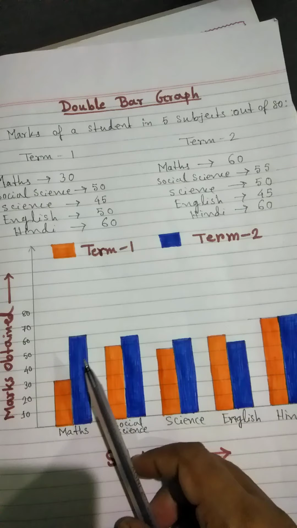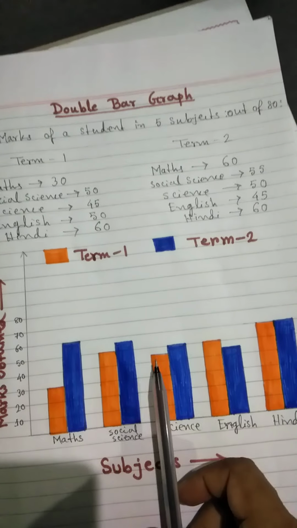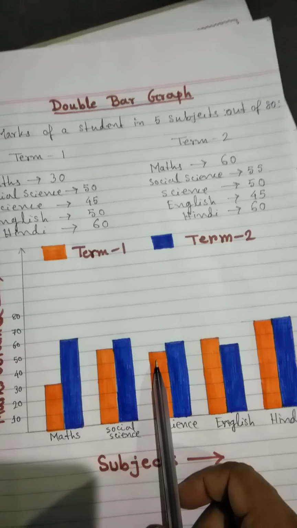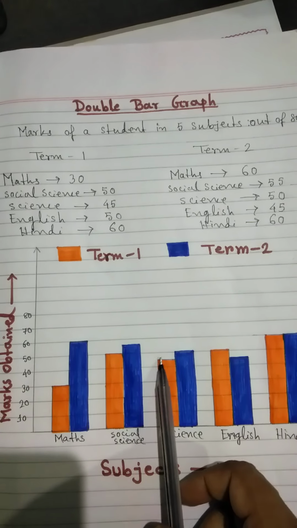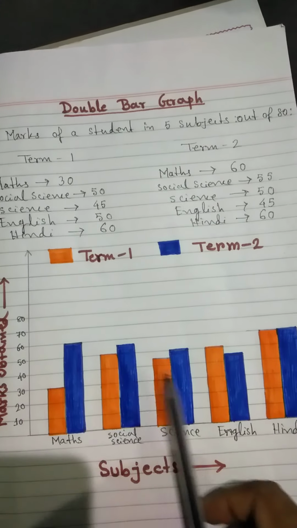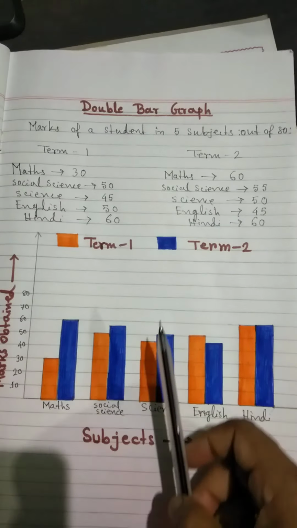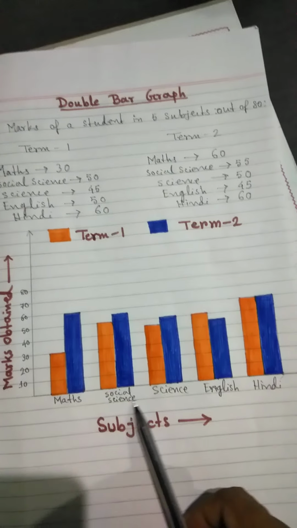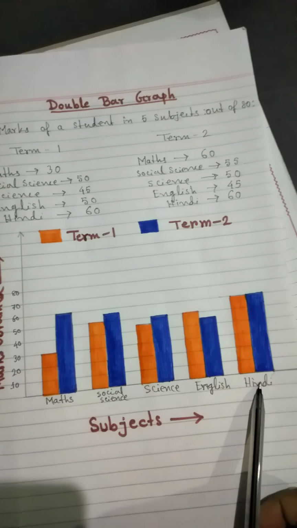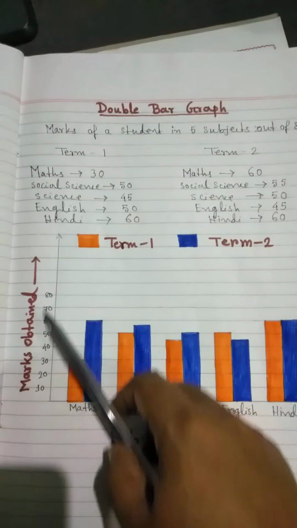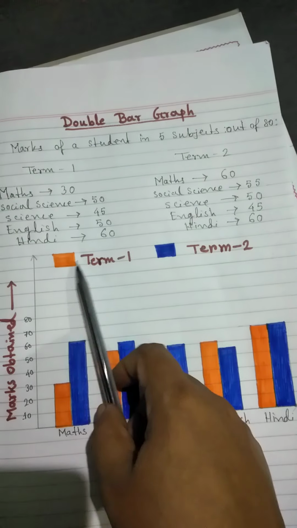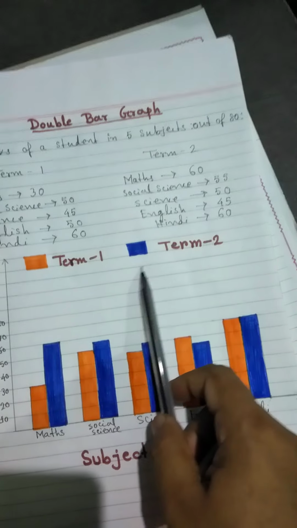So you can see here this one is given 45 marks, so it is in the middle between 40 and 50. I think you will understand it properly. The name of the subject is written on the horizontal axis, and on the vertical axis I have written the marks. This box is representing term 1 and this box is representing term 2.